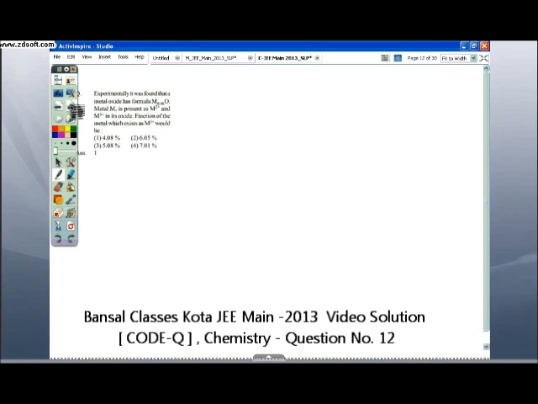Fraction of the metal which exists as M3+ would be, since formula is M0.98O, let us assume M3+ is X. M2+ will be 0.98 minus X, and O2-, this is 1, by charge balancing.